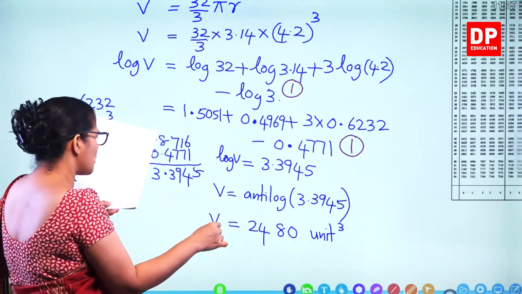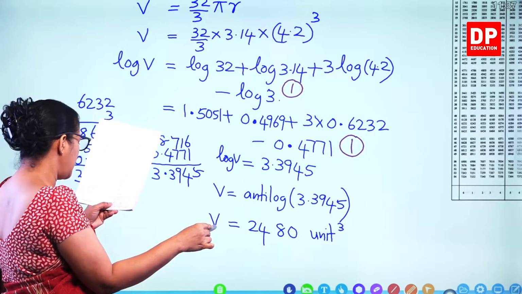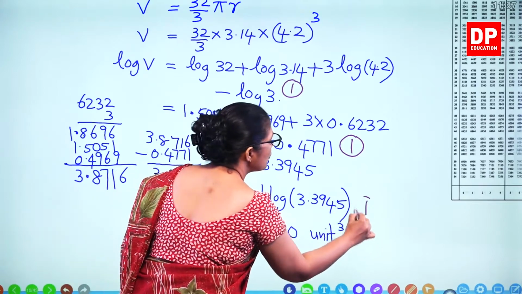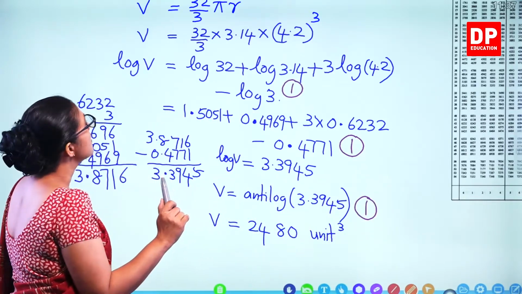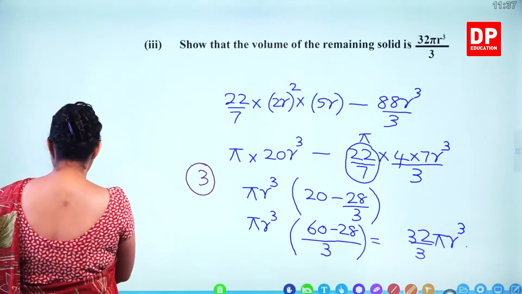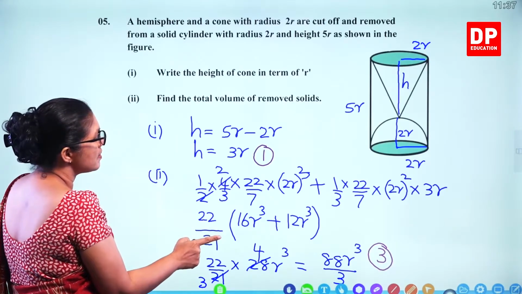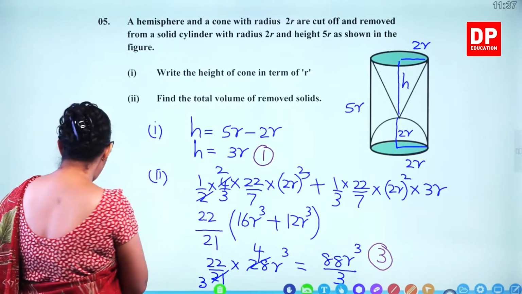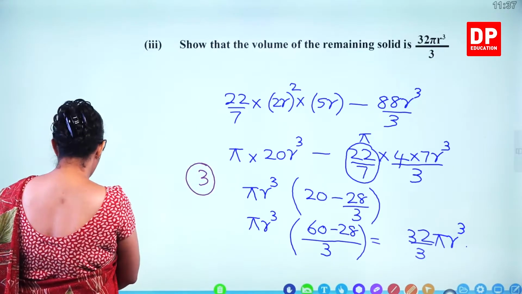And the final answer 2480 will give 1 mark. So 3 marks only for this step. So 3 and 3, 6, 6, 3, 9 and 1, 10 marks for the whole question.